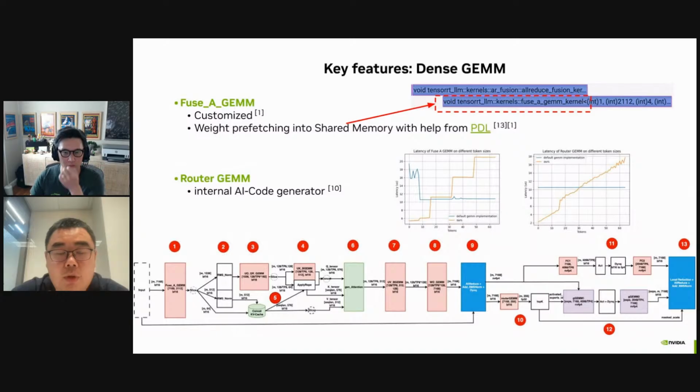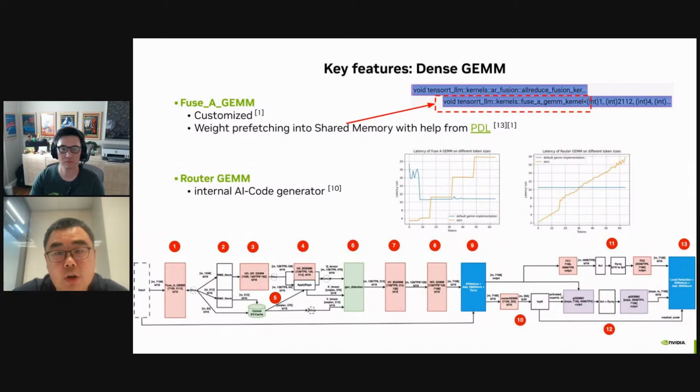Specifically, once the previous AllReduce kernel is launched, we can trigger the launch of this Fuse A GEMM kernel. And the Fuse A GEMM kernel can prefetch its weight into shared memory immediately because the weight is not dependent on the output of the AllReduce kernel.